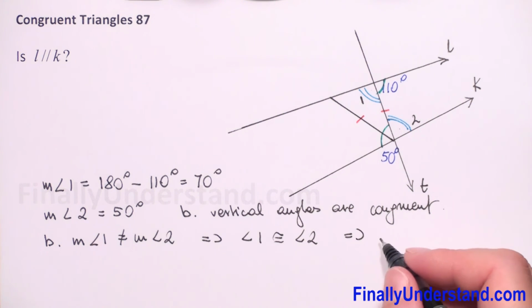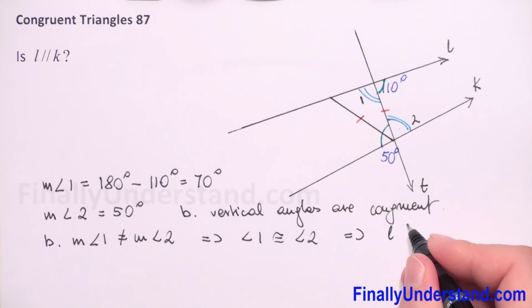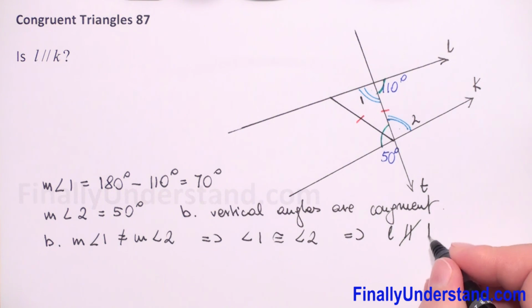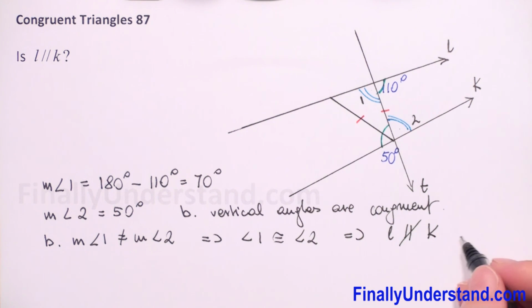It means that line L is not parallel to line K. So from the alternate interior angles converse, we see that these two lines are not parallel. This is my solution.